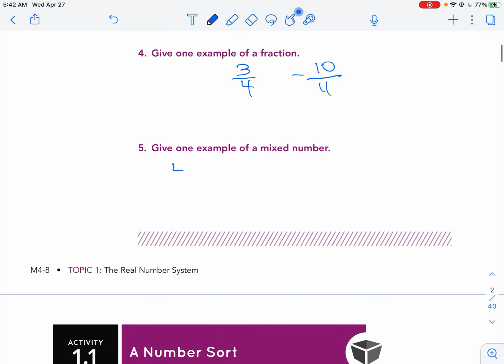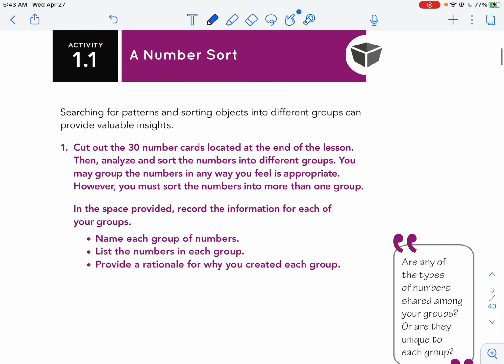Mixed number, as long as you have a whole number, actually, as long as you have an integer, and then a fraction next to it. Those are mixed numbers. So now we're going to do a sort.